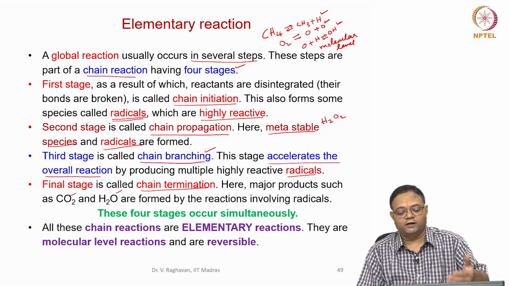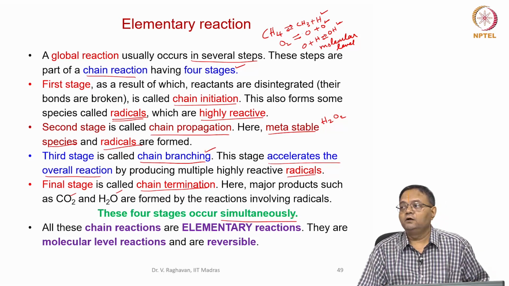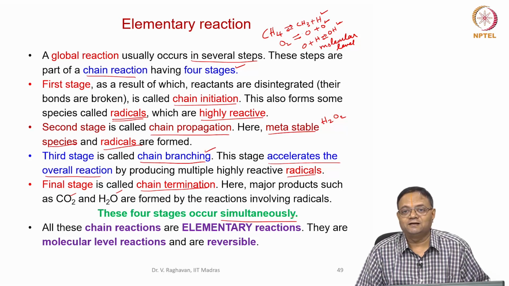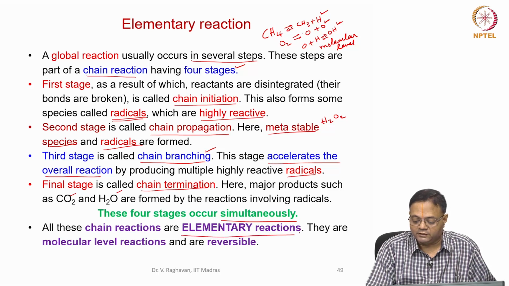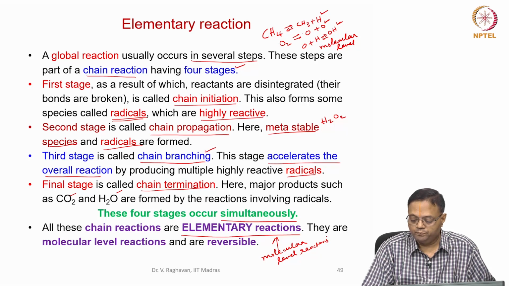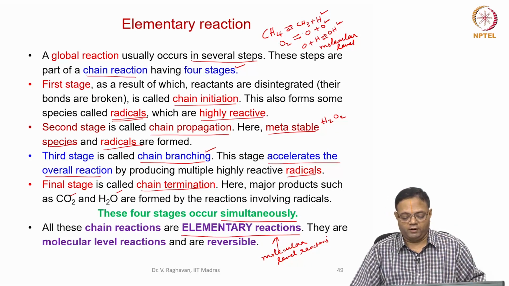But even though we have segregated this into 4 stages, all these stages will occur simultaneously. And what are the reactions which are going to be present in this? They are called elementary reactions, that is molecular level. Global reaction is a molar level reaction, elementary reaction is a molecular level reaction.